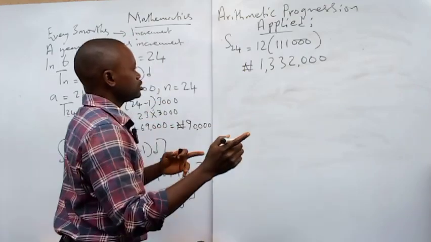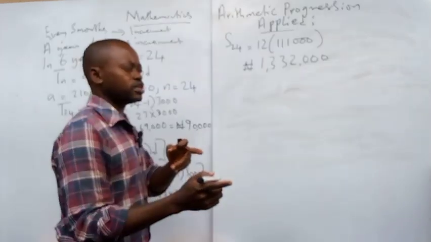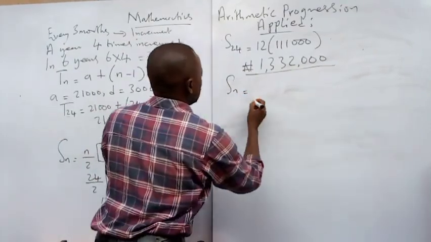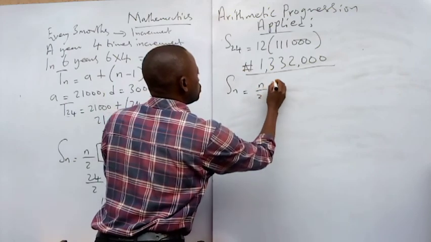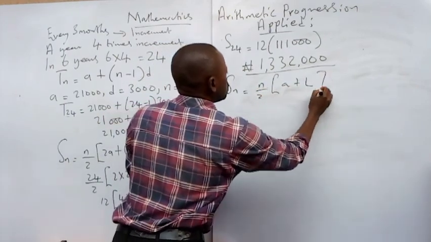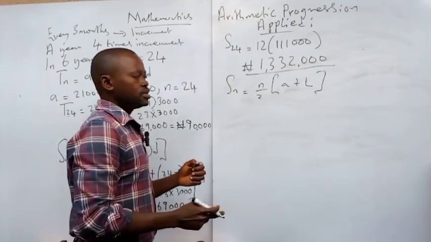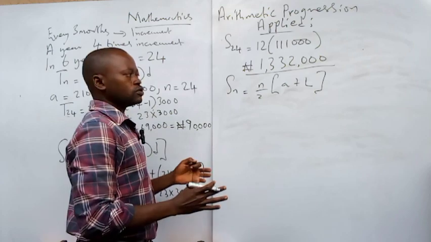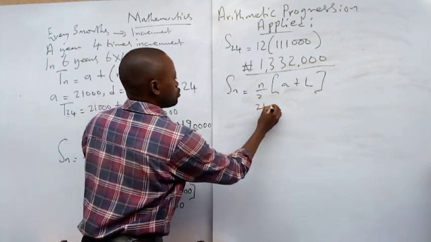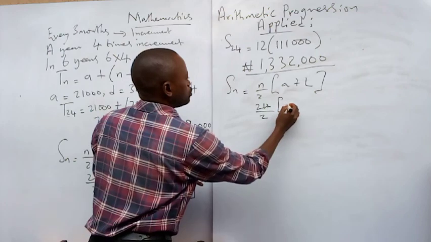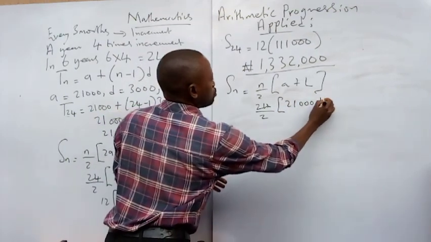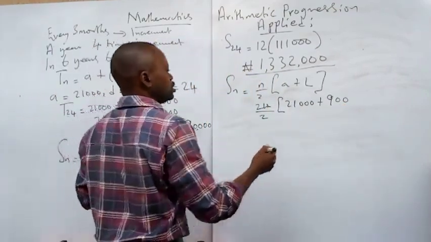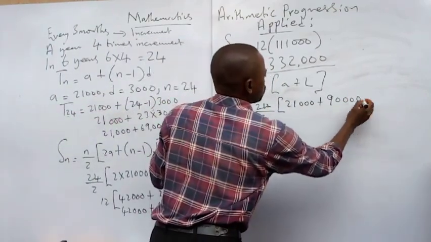Another thing, do you know there's a second expression I gave, which is Sn equals n over 2 into a plus l. That is to say, if you know the last term and the first term, you can use this shorter expression to also do the calculation. Let's check it out. 24 over 2 into first term 21,000 plus 90,000, which is the last pay. We have done that calculation. We were able to get the last pay to be 90,000.